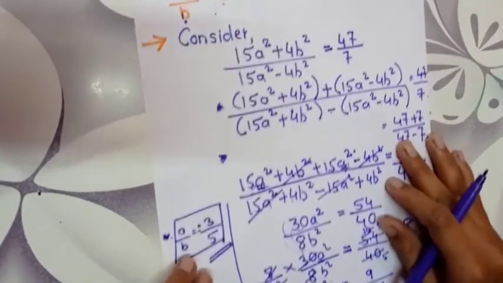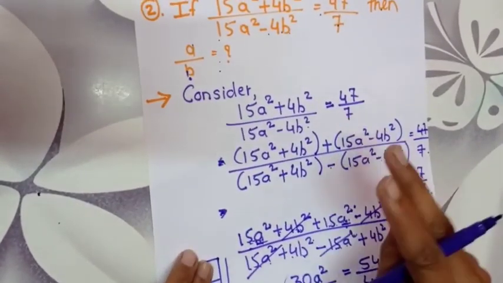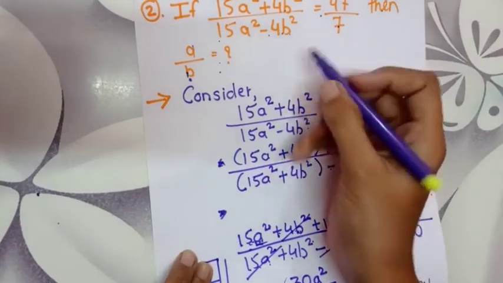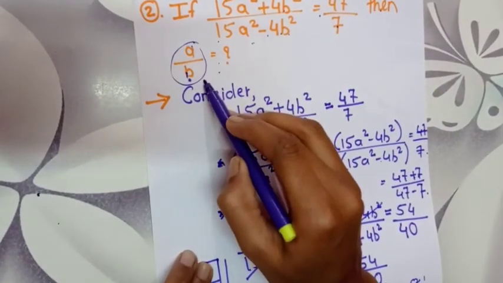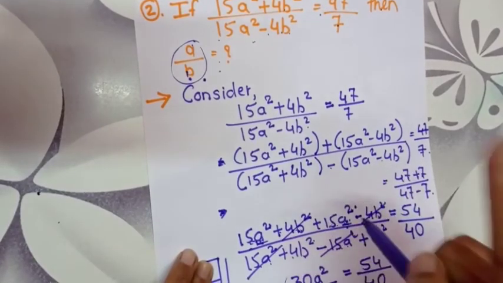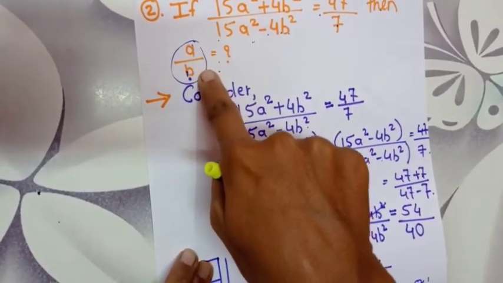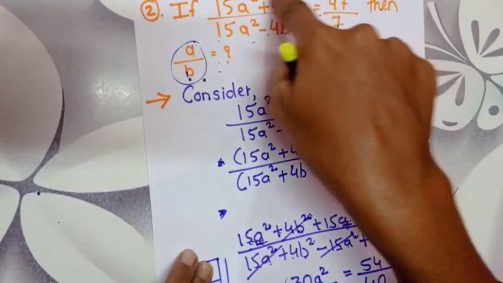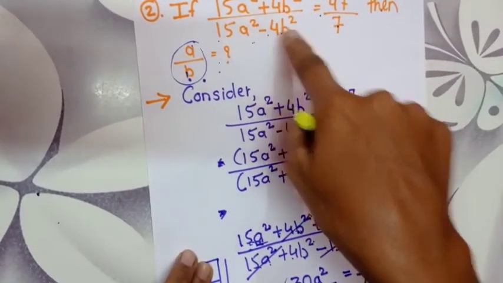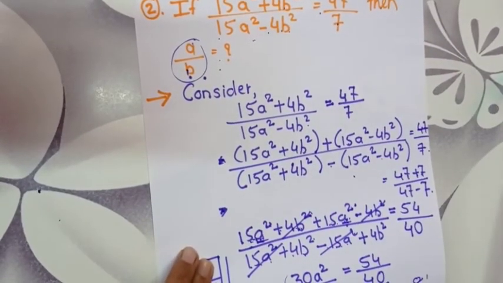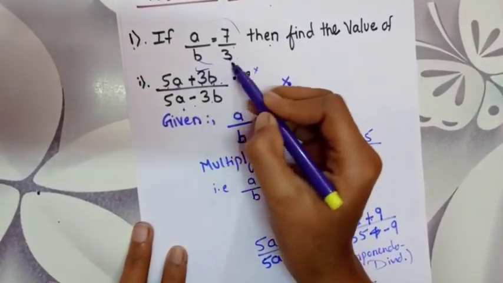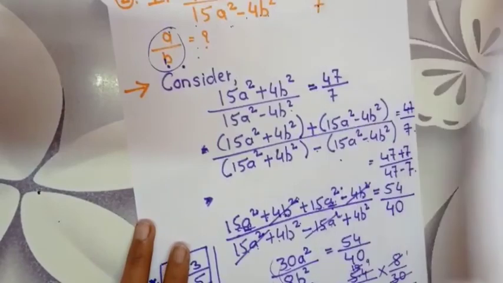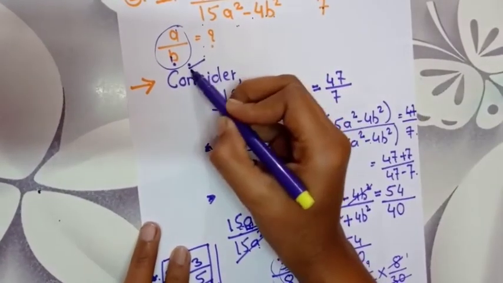In this way, we have solved two different types of questions. In the first one they have given the value of a by b and we have to find the value of a complex ratio. In the second, we have found the a by b value.